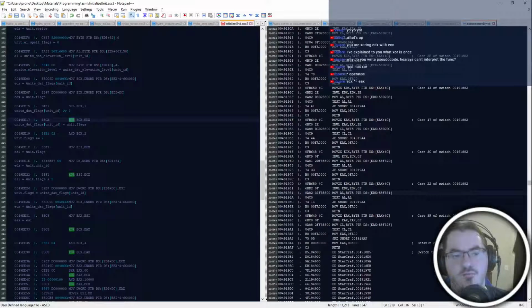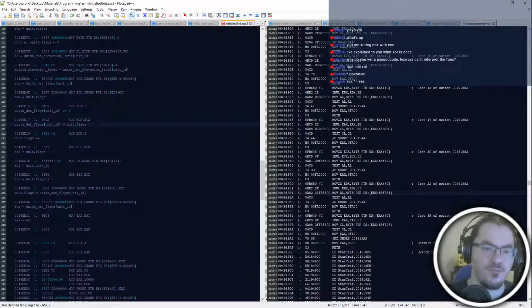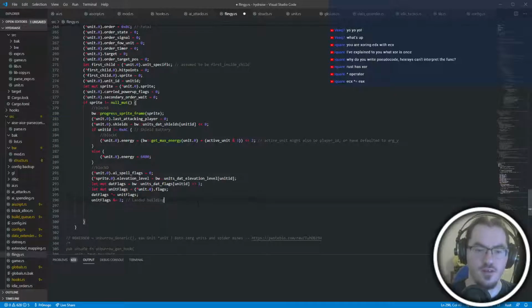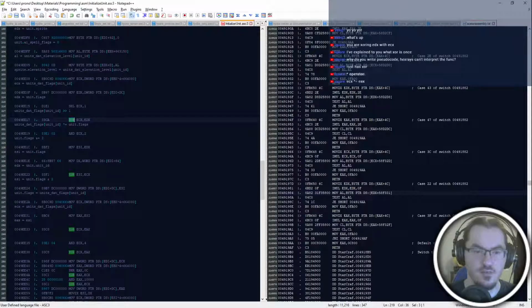So we have unit flags. Stat flags. And then we would say unit flags n equals 2.